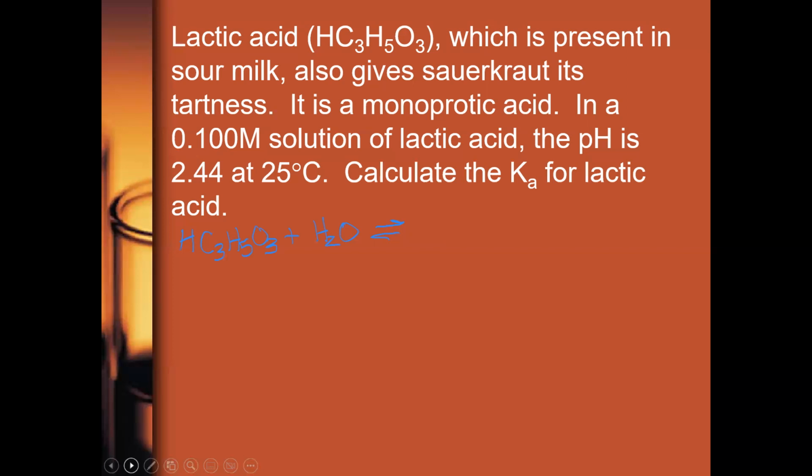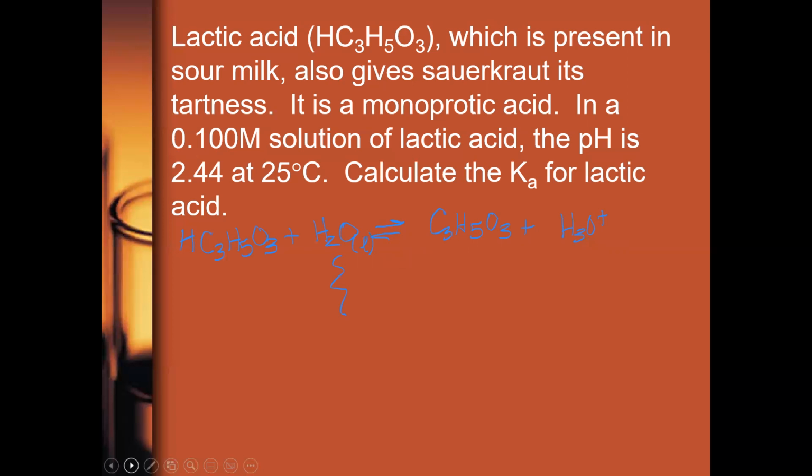And the acid is going to give up a hydrogen, so produce lactate, which is C3H5O3, and the hydronium ion. And remember, all of these are aqueous except water is a liquid, so we kind of ignore water for our ice table.